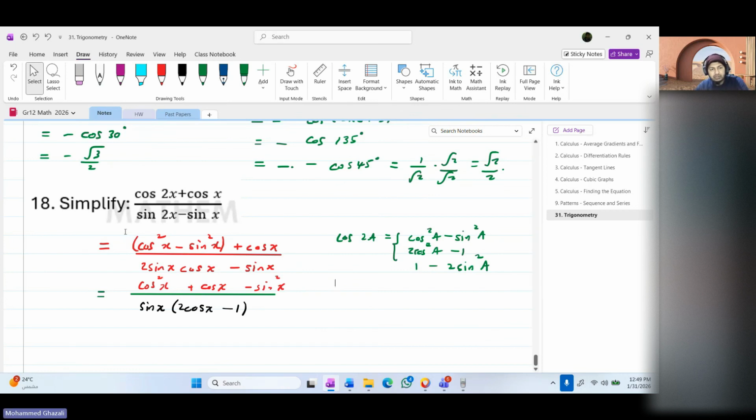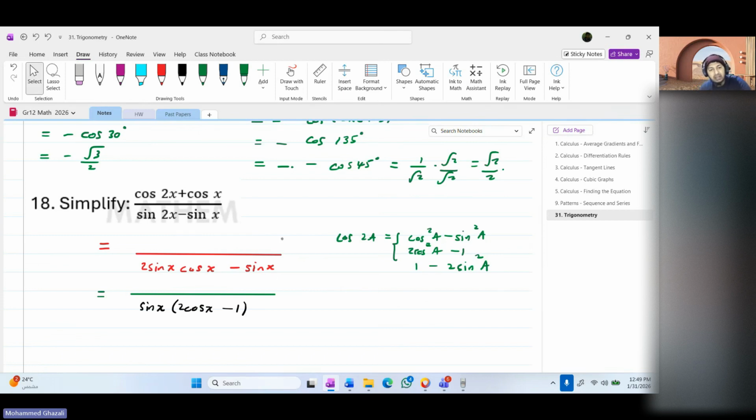No, I think there's a problem with this question here. I can fix it up. No, yeah, this is not going anywhere. There might be a problem with this question. 2 cos x minus 1.